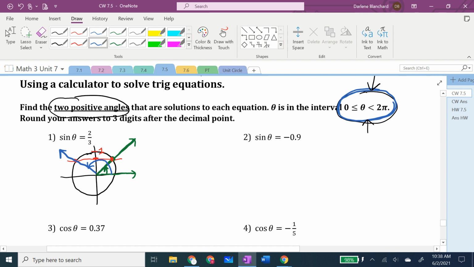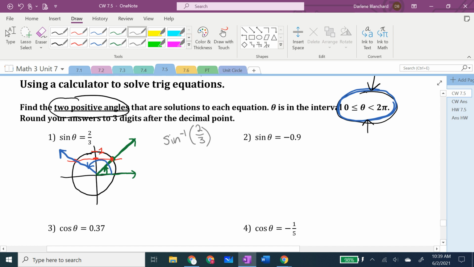Now, since 2/3 isn't one of the special unit circle numbers, you're going to turn to your calculator. When you use the inverse sine feature, you're going to look for a button on your calculator that shows sine and a little -1 symbol with it. You're going to find the inverse sine of 2/3.